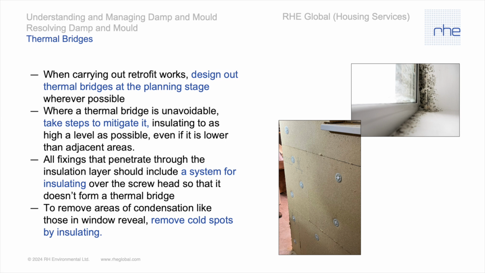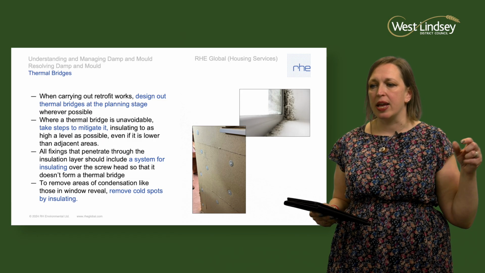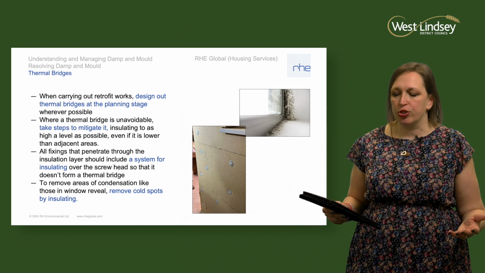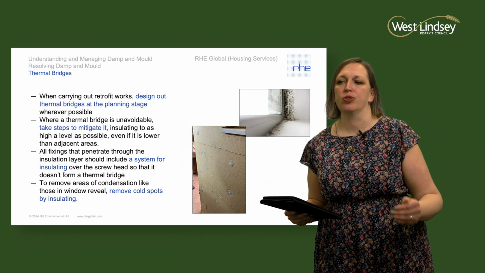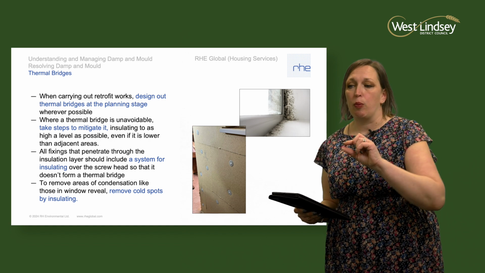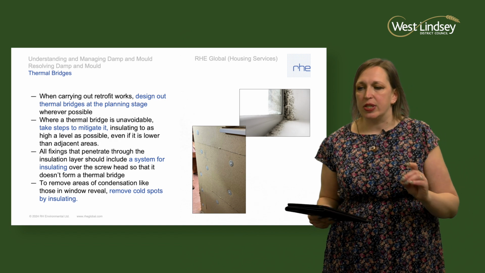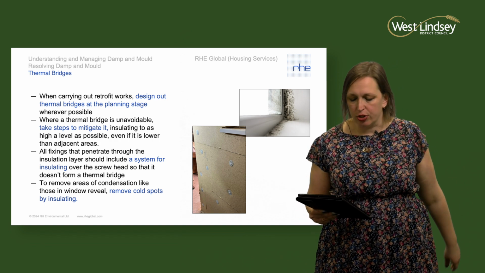That's a polystyrene plug. And the reason that's there is to prevent those screw heads from becoming cold bridges, because otherwise there would be a metal screw with a gap of air. So one of those measures to minimise the risk of cold bridges is making sure that we iron out all issues like that. So those little polystyrene plugs are one of those measures.